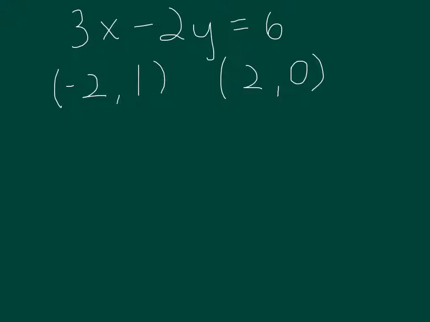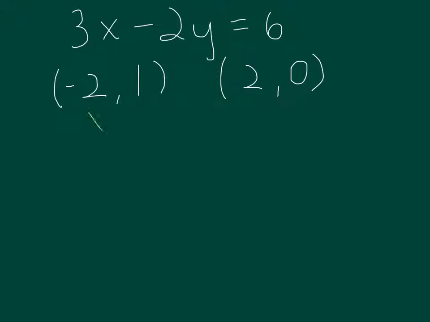Now, how do we determine if a point is on the graph of an equation? So, say you take this equation, 3x minus 2y equals 6. In order to check if negative 2, 1 is in it, you plug it in.